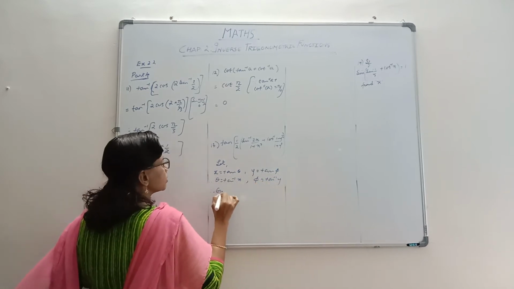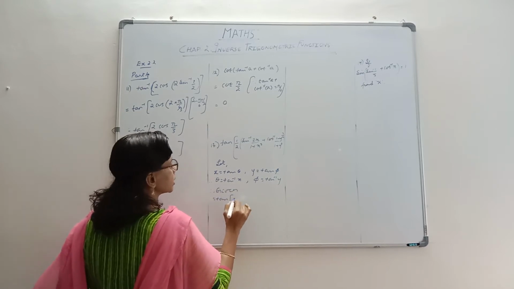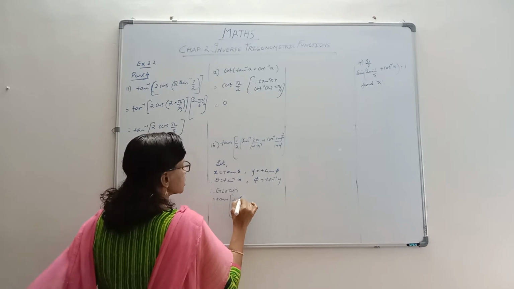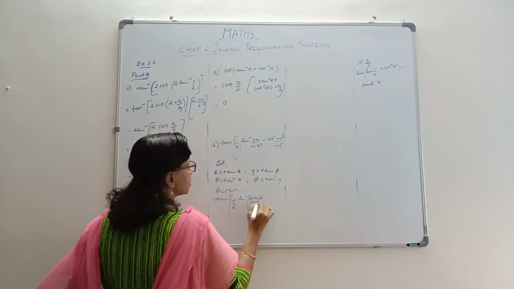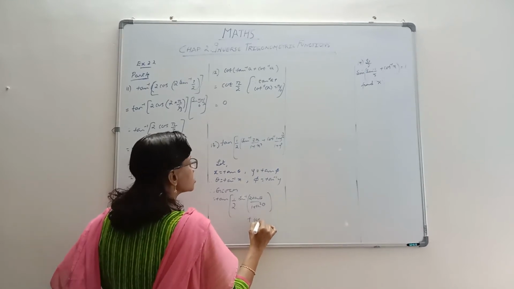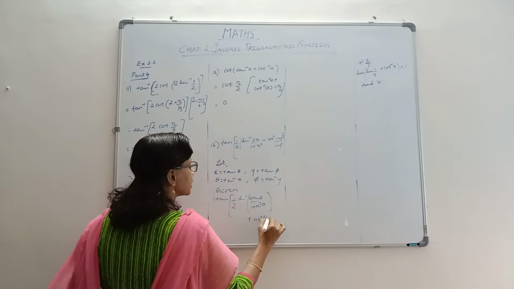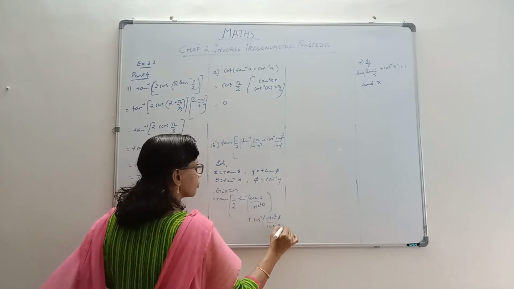With all this, your given expression becomes tan, we are changing now in terms of theta and phi, half times sine inverse of 2 tan theta by 1 plus tan squared theta plus cos inverse of 1 minus tan squared phi by 1 plus tan squared phi.